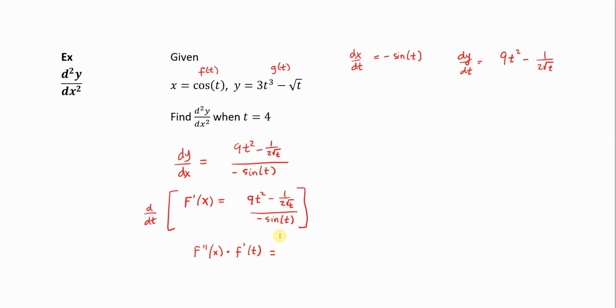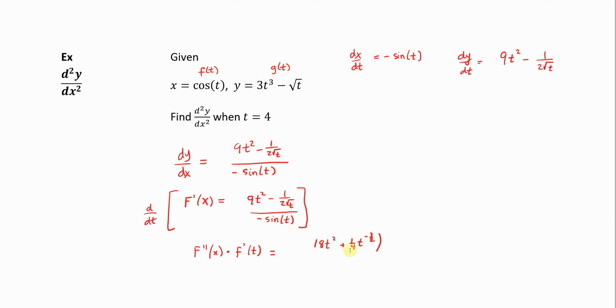And yes, unfortunately, it's unavoidable that we're going to have to work with the quotient rule in this case. So we're going to take the derivative of the right side here. So that's the derivative of the top, which is 18t squared minus, and you can think of this as negative 1/2 t to the negative 1/2. So this becomes positive 1/4 t to the negative 3/2.